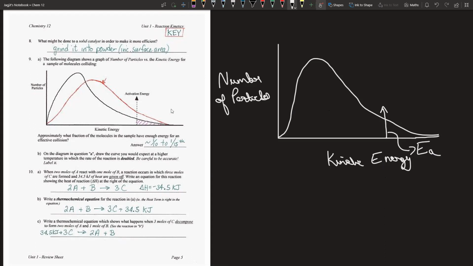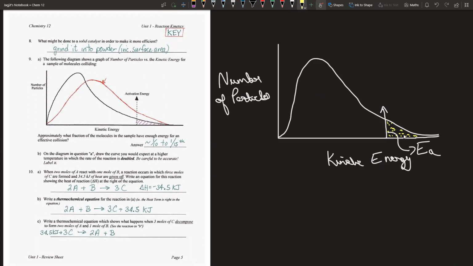What this tells you is that right now, these are your number of particles. This is your graph. This is the activation energy. So the only particles which are crossing this activation energy barrier are only these guys, right? These are the only guys which are successful so far. All of these guys are not successful. They never cleared the barrier.